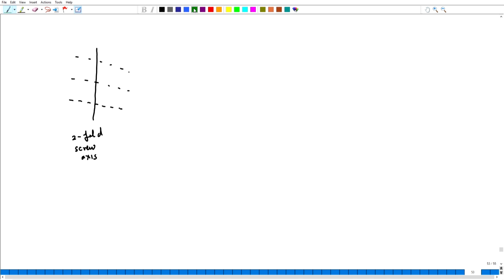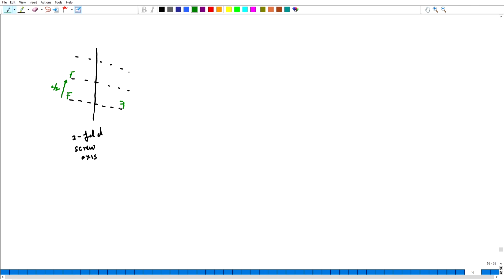So, let me start with an asymmetric motif. Rotate by 180 degrees, I come here, but then I do not leave it here, but I go up by C by 2, and basically this comes out here.